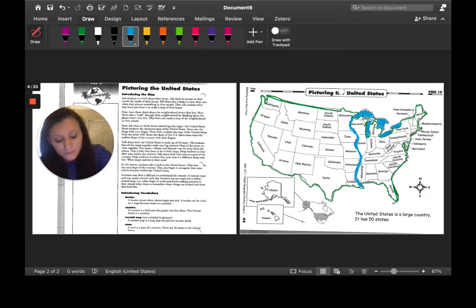And then it comes down through Louisiana and down to the Gulf of Mexico. All right, so we just did an outline of the whole United States and also all of the five Great Lakes and also the Mississippi River.